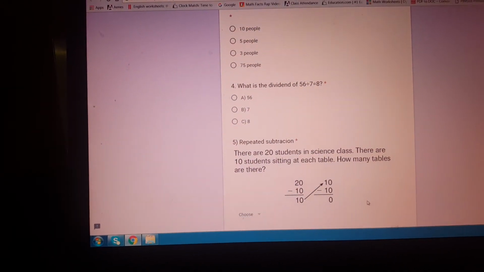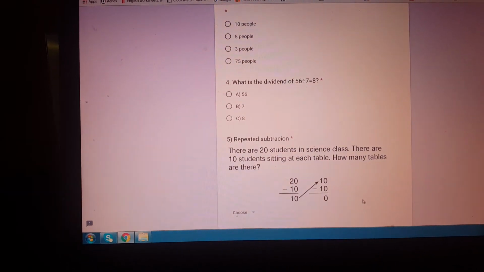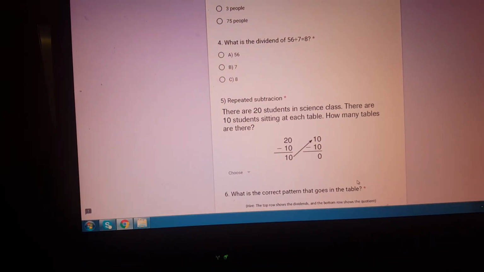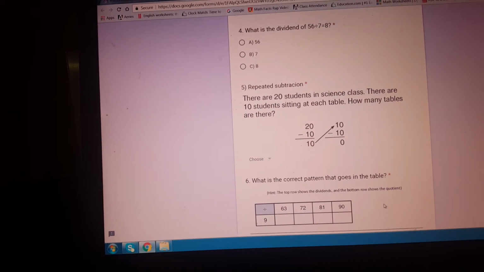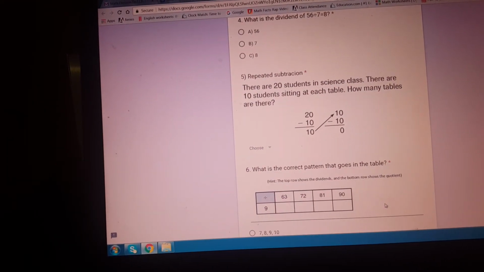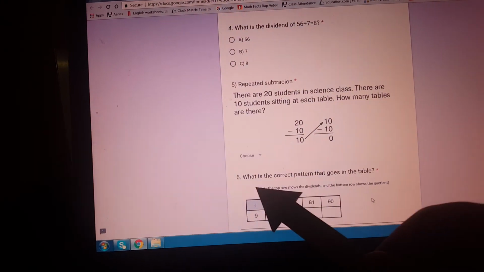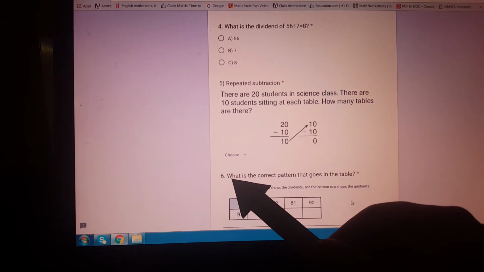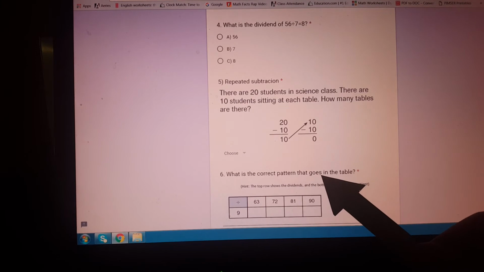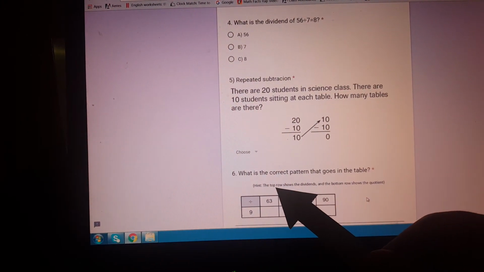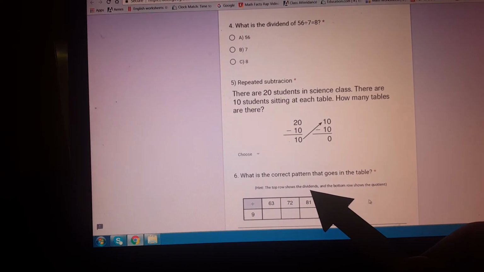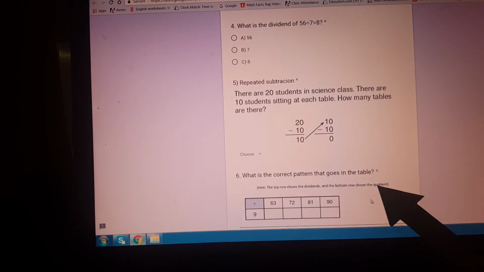We're going to start number 6. Number 6. If you need more time, pause the video. Number 6 says, what is the correct pattern that goes in the table? There's a hint. The top row shows the dividends and the bottom row shows the quotient.